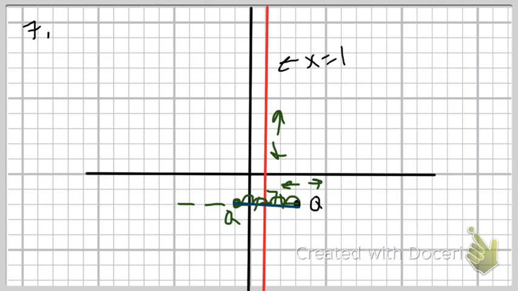So again, our point would be -1, -2, and the point over here would be 3, -2. Notice that this portion, Q to the line, is equal to this portion, Q prime to the line, and that the line x equals 1 is perpendicular, making our line of reflection the perpendicular bisector of the segment connecting the pre-image and the image.